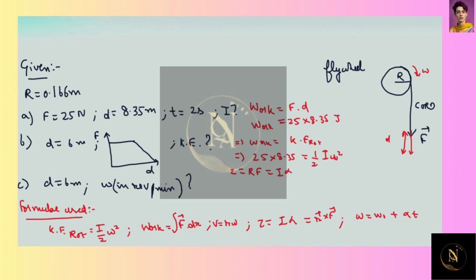So alpha equals R F over I, and omega naught equals 0, so omega equals alpha t.